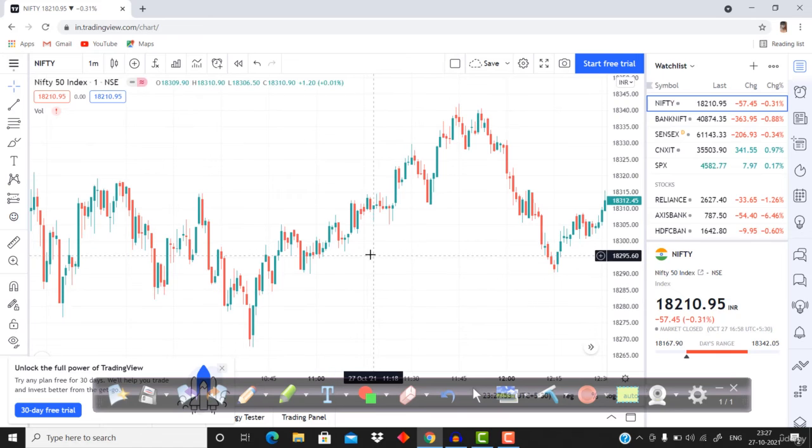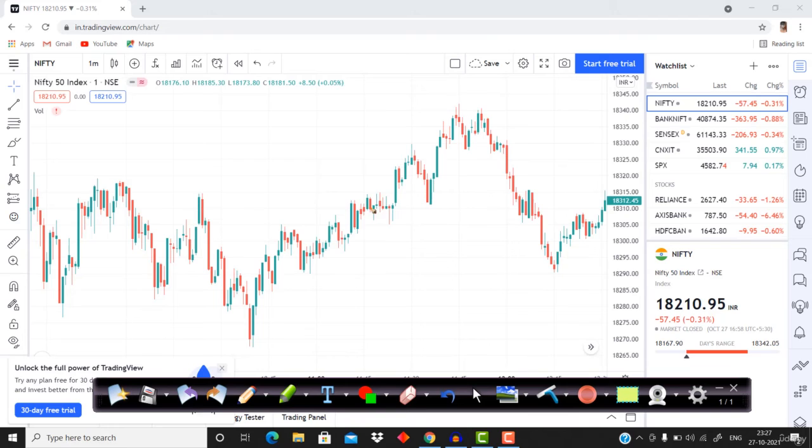If you don't have the patience level, then what happens? It will trick your mind and you will end your position within this red candle or within this red candle. I am telling you about a beginner, not when you are a master. As a beginner, you will panic in this candle and exit, or you will panic in this candle and exit.